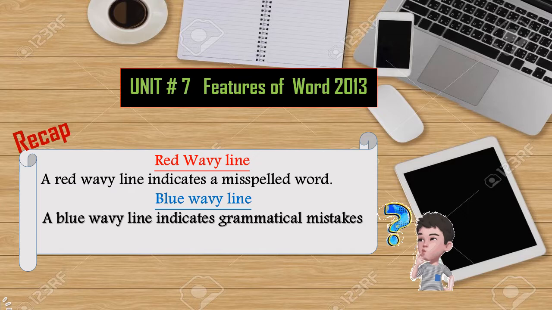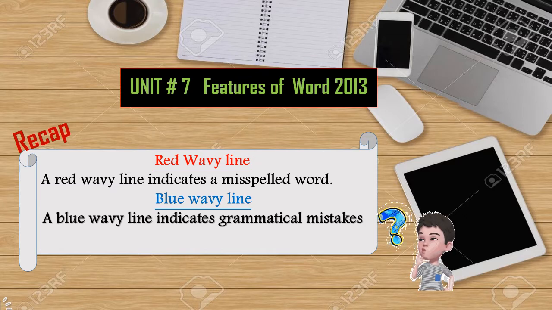Okay students, so let's recall the spelling and grammar tool. You might have noticed that when you are typing some text in Word 2013, you get red or blue wavy lines, right? So today we just recall what a red wavy line and a blue wavy line are.